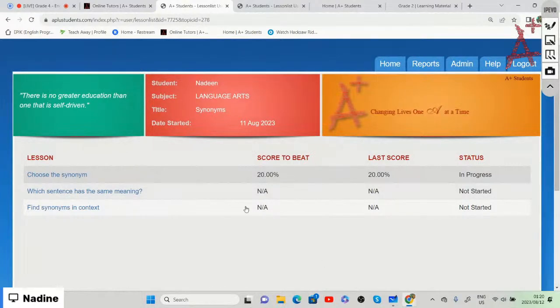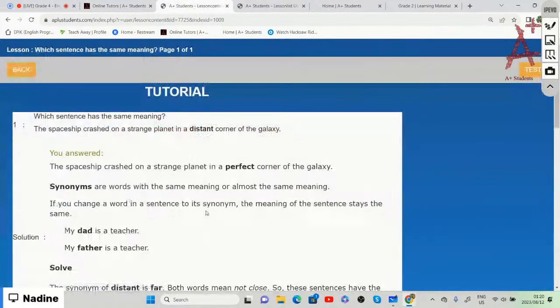Now we're going on to which sentence has the same meaning, right? And once again, we said synonyms are words with the same meaning or almost the same meaning. So if you change a word in a sentence to a synonym, then the meaning of that sentence stays the same, right?